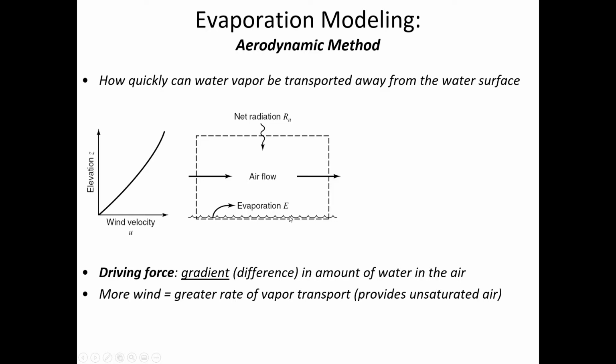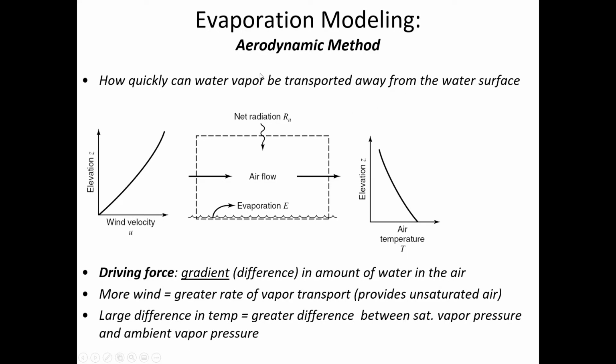If you have less wind, by contrast, the moisture that's evaporating isn't being transported out of the way. The moisture that evaporates from the water stays close to the water, and there would be a boundary layer down at the interface of the air and the water that is approaching 100% humidity. Whereas if it's windy, the water evaporates and is just carried away.